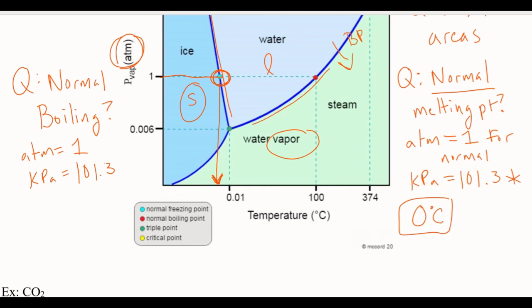On my graph, it's ATMs, so I'm going to find that 1 ATM. And where does that hit the boiling line? So you go across, hit the boiling line, and then go down. And that is where it is going to boil normally. So for this answer, it is 100 degrees Celsius. You guys just need to make sure you're looking at 101.3 because your graph's going to be in kPa.